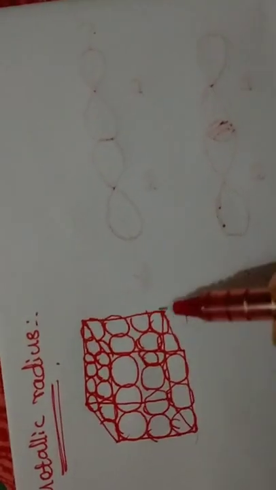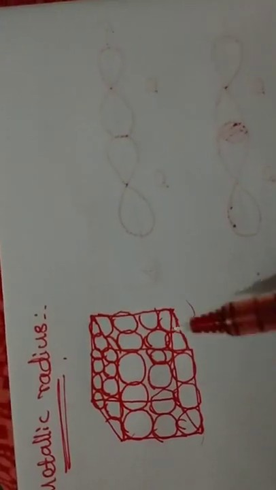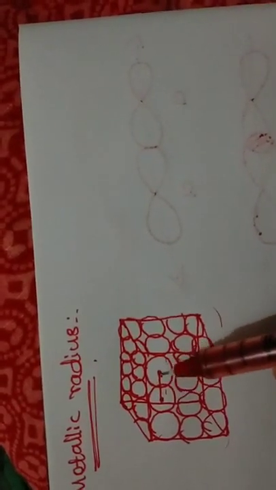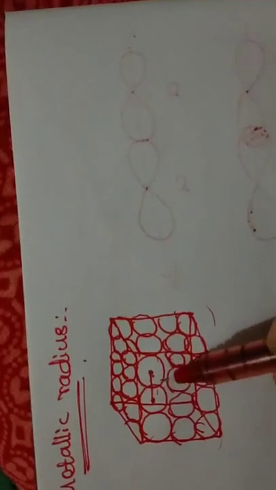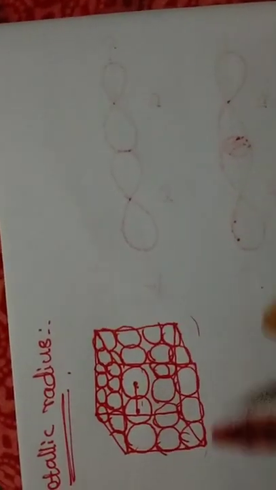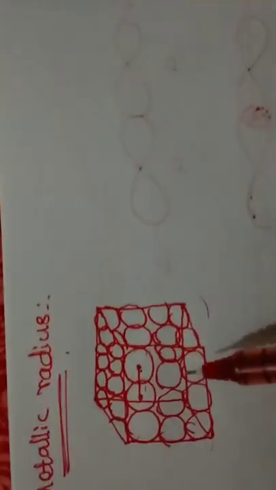You can take one crystal lattice, which contains only metals, connected together by a metallic bond.